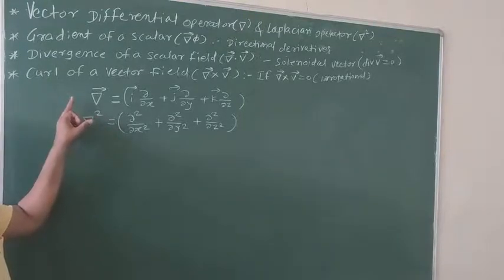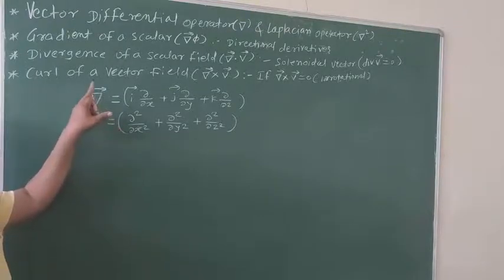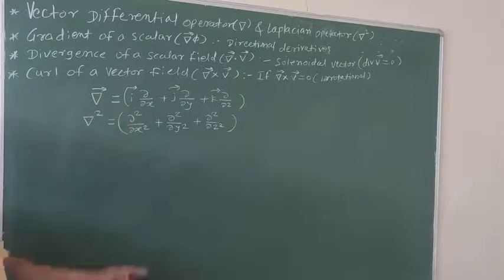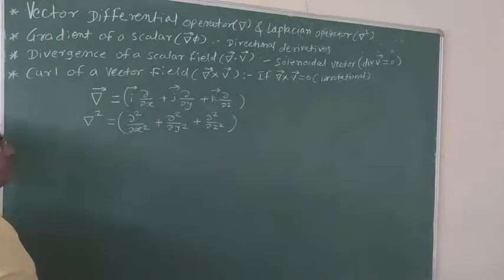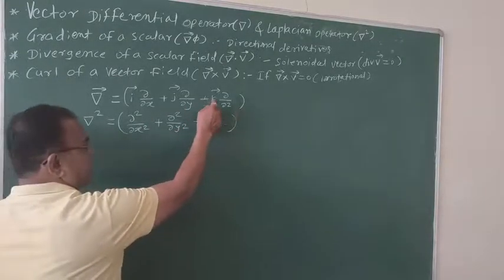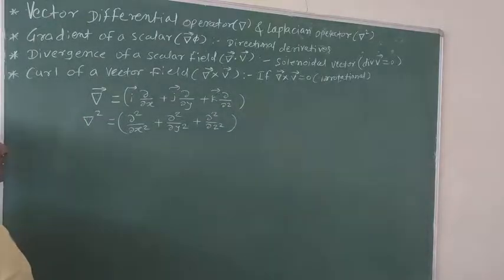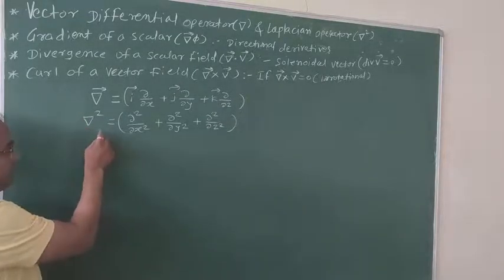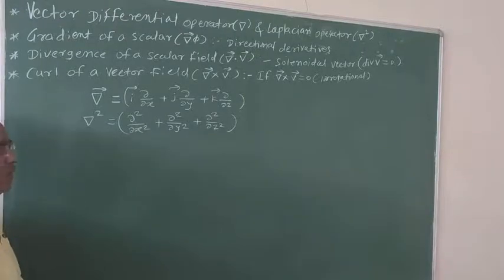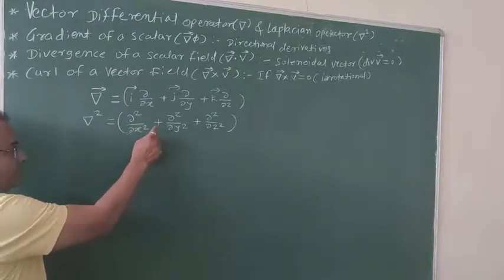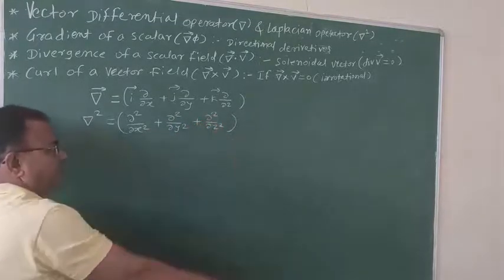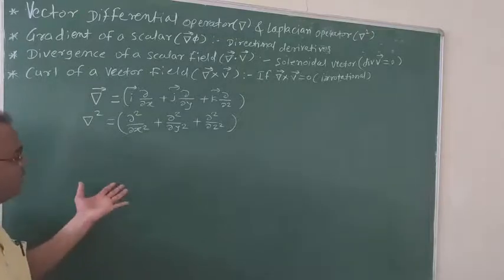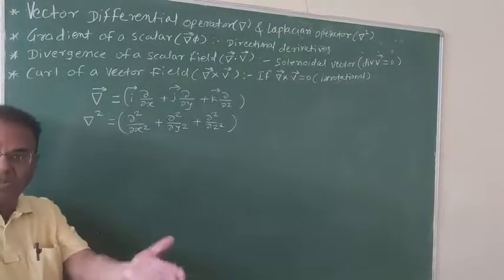One is the del operator, del bar, equal to i bar delta by delta x plus j bar delta by delta y plus k bar delta by delta z, and the other is del square, given by delta square by delta x square plus delta square by delta y square plus delta square by delta z square, which can be operated on another function.